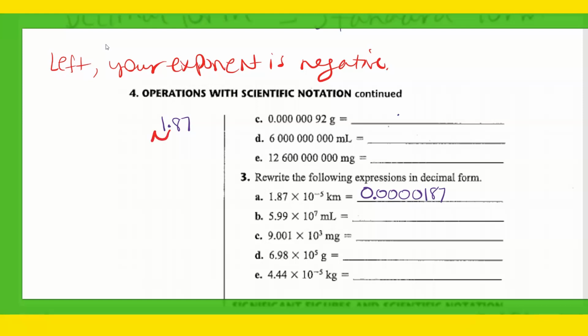So that's 1, 2, 3, 4, and 5 right here. You're going to fill in those lumps with zeros. 1, 2, 3, 4. Now you're probably saying, wait, Professor Ship, I thought I saw 5 zeros. You're right. At the very beginning, you're going to include that 0. So you would say 0.0000187.